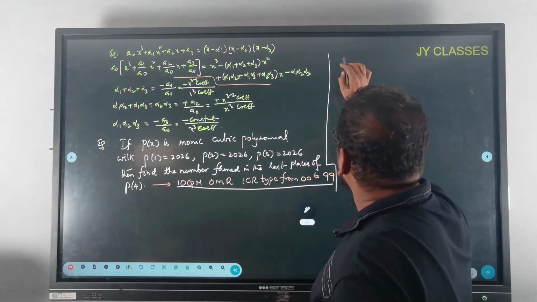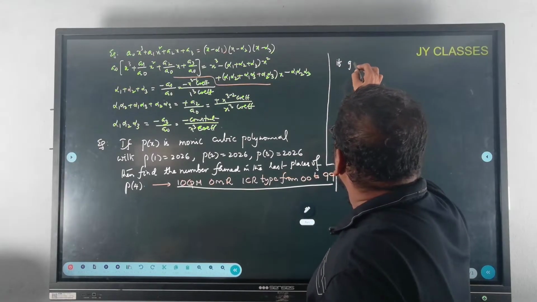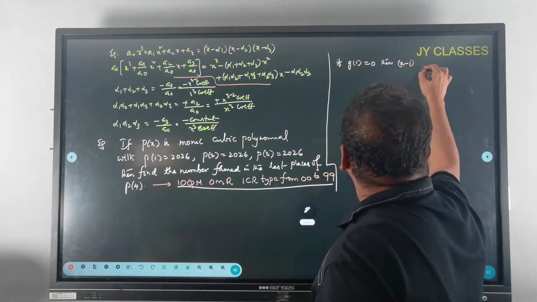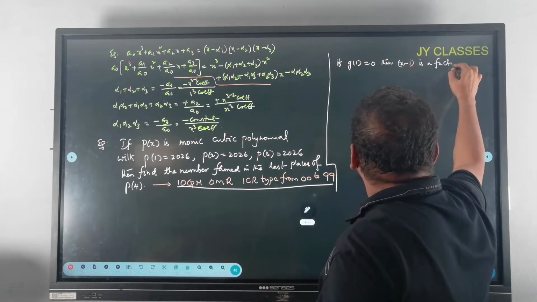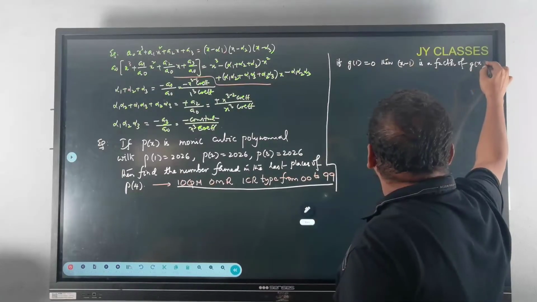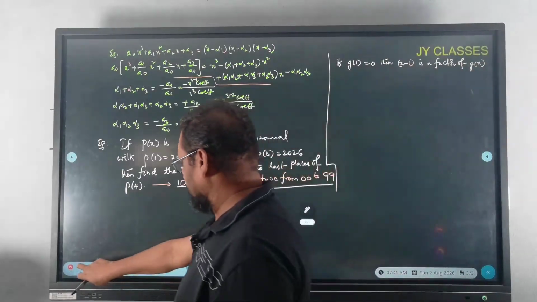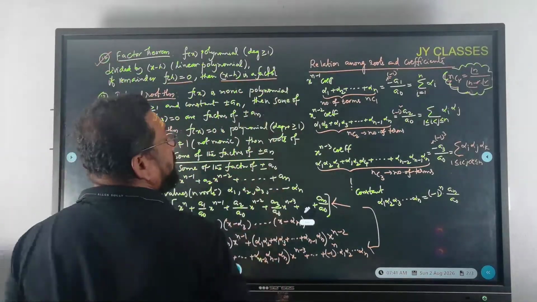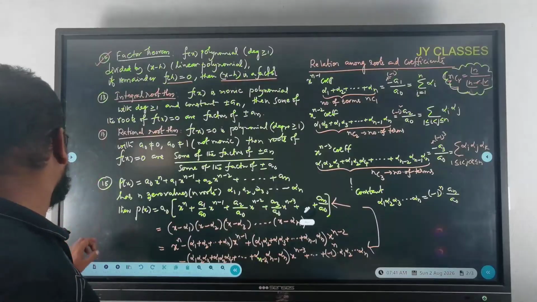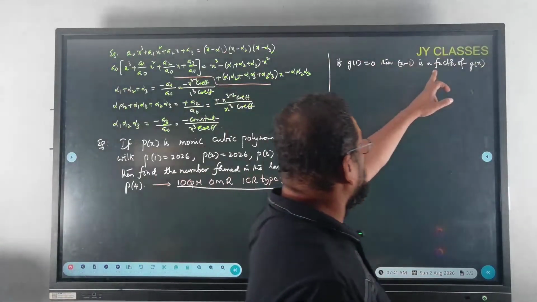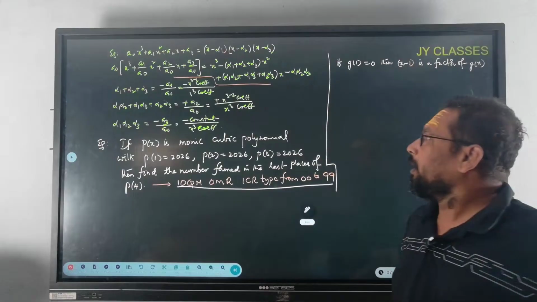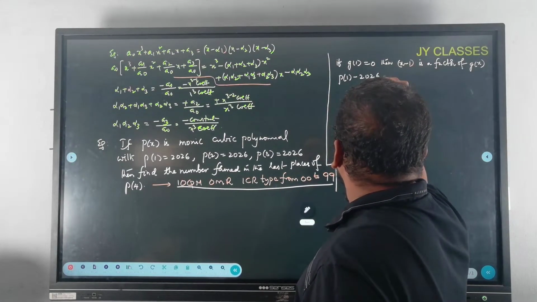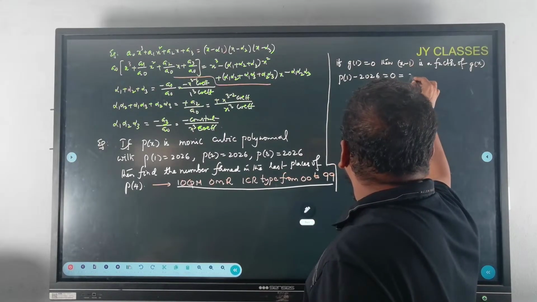Before discussing this, see, if g of 1 is equal to 0, then x minus 1 is a factor of g of x. Right? By using the factor theorem, if the remainder is 0, x minus h is a factor. So g of 1 is 0, x minus 1 is a factor. Now observe here, P of 1 minus 2026 is equal to 0, which is g of 1.